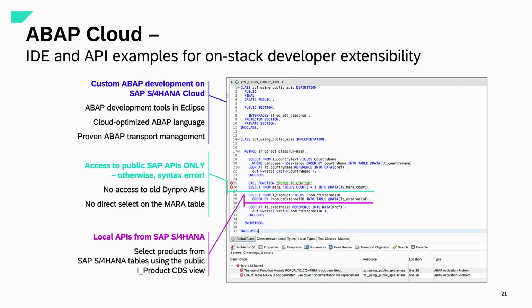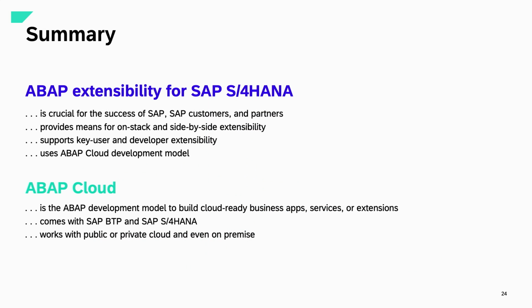And of course, as you see here, that would be then the correct select of it. Instead of select from Mara, you would now write a select from iProduct with the fields you need and the information into your thing. So just to give you a short glimpse how that looks like, of course, classic ABAP not anymore possible, but here this one really helps you write code on stable APIs with ABAP Cloud.